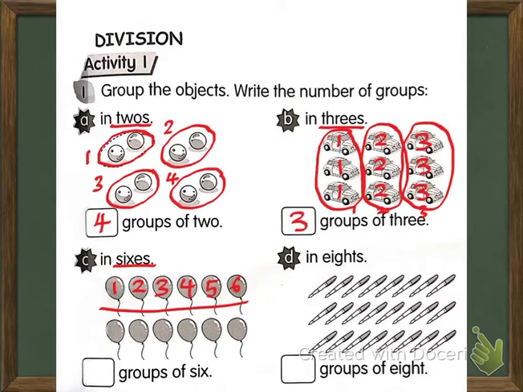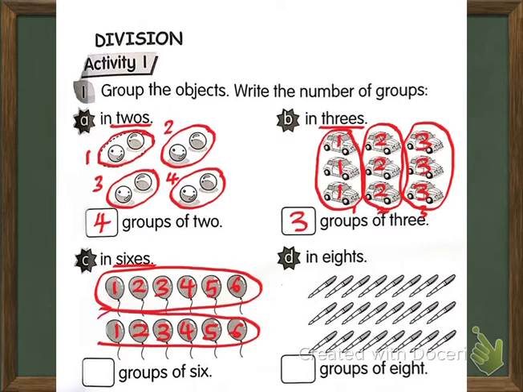This is group number 1. Again, 1, 2, 3, 4, 5, 6. This is group number 2. So how many groups? There are 2 groups of 6.